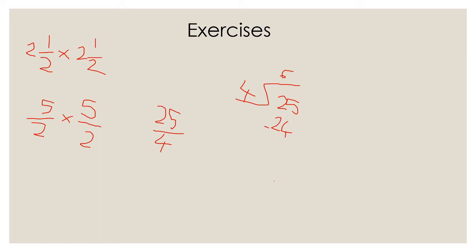So the remainder is 25 minus 24, which is 1. And finally our mixed fraction, the answer, is 6 1/4.